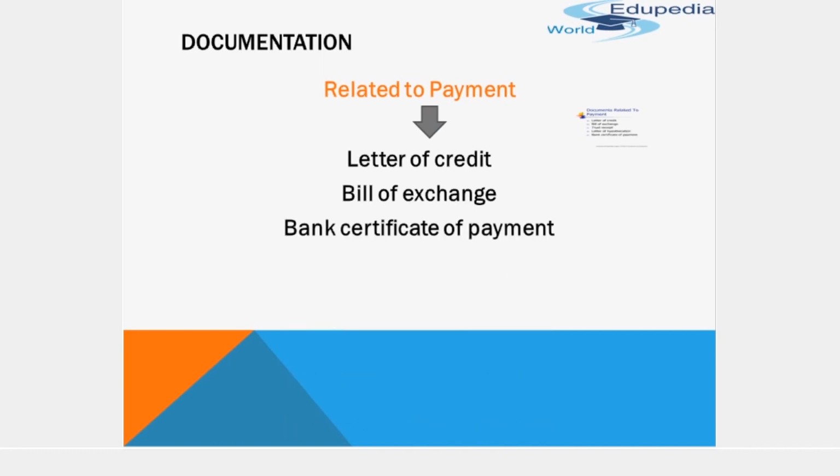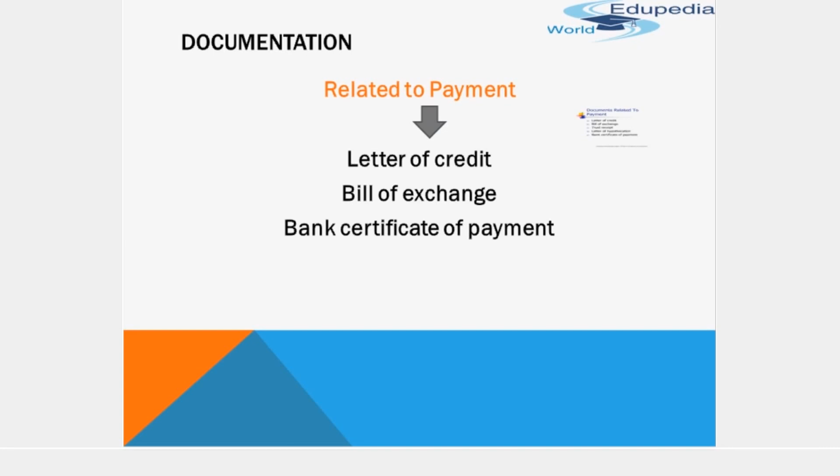Now the next document is bank certificate for payment. It certifies that the necessary documents including bill of exchange relating to the particular export consignment have been presented to the importer for payment and the payment has been received in accordance with the exchange control regulations.